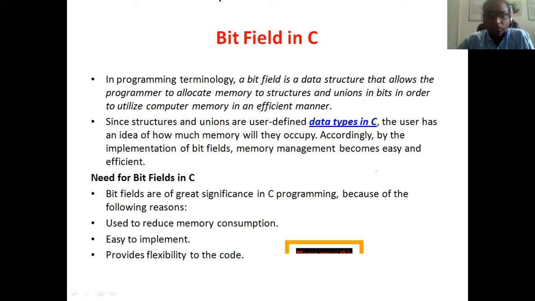Basically, what happens whenever we are going to declare a variable? Suppose we have declared a variable of integer type. Suppose you have written integer a, so it means that a is a variable of integer type.